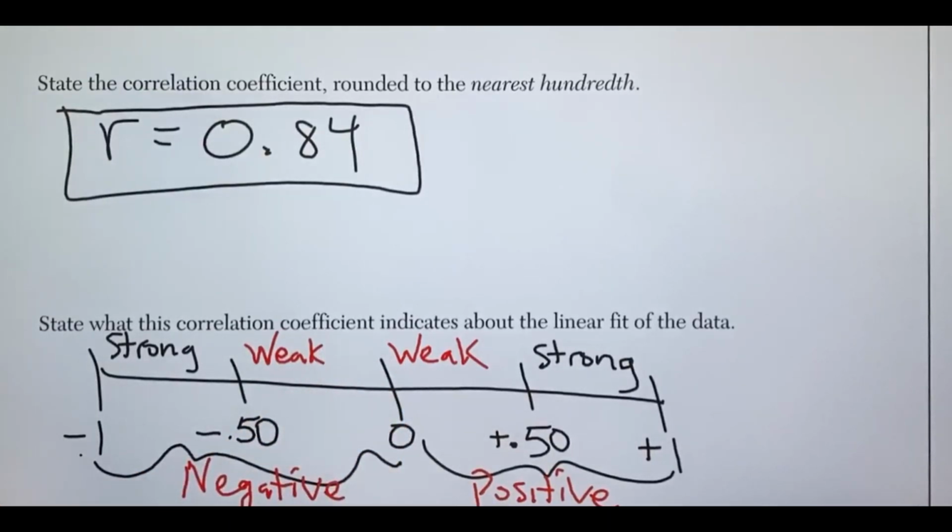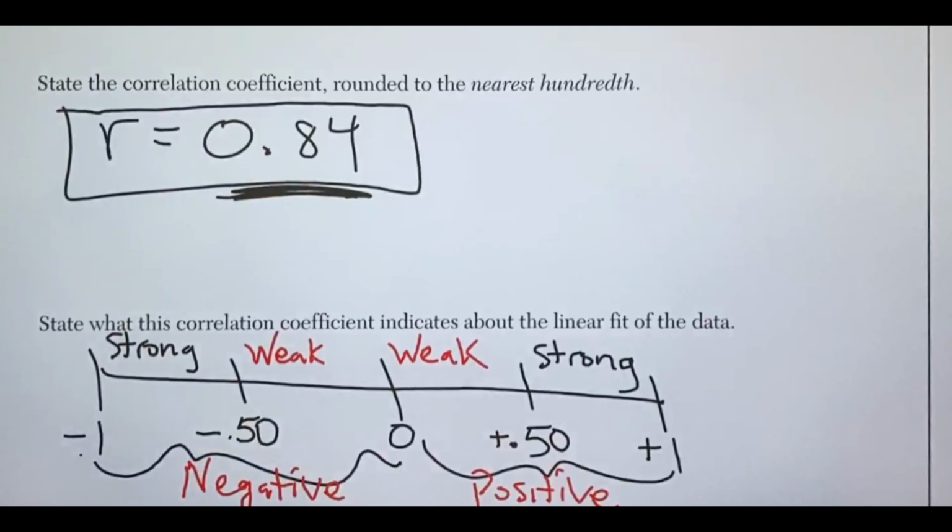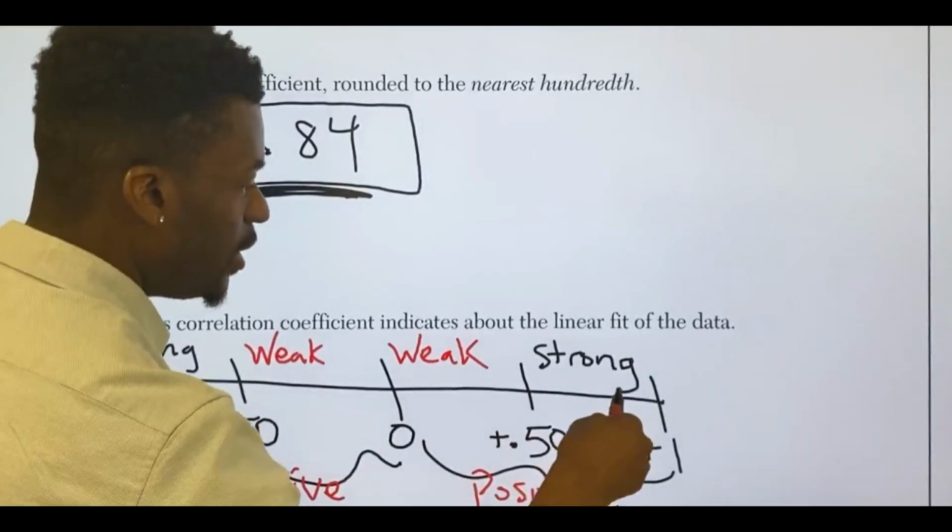Okay? So that number that we got, this number here, R equal 0.84. Where would that land on this chart? Would it land on the negative side? It's going to be positive strong. It's going to be somewhere in this area over here.